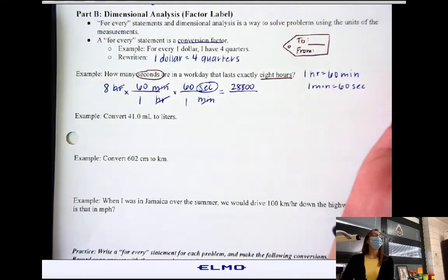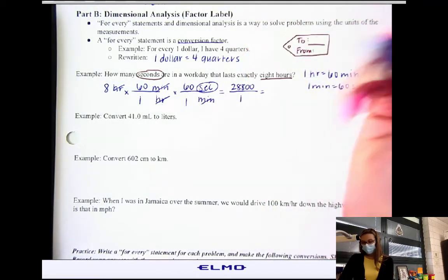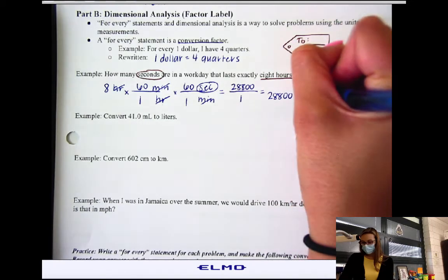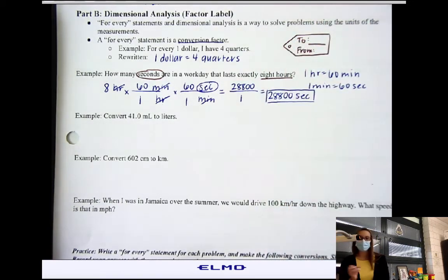What is 1 times 1? 1. 28,800 divided by 1 is 28,800 seconds. Make sure you include your unit. That is dimensional analysis. That is converting from one unit to another.